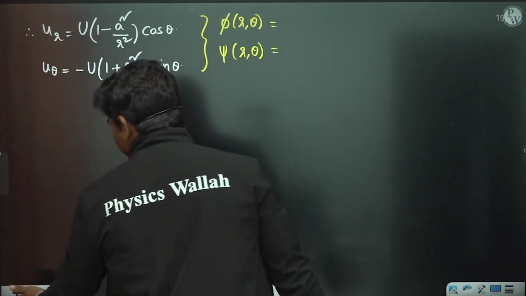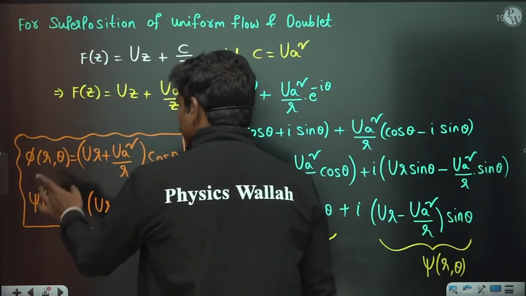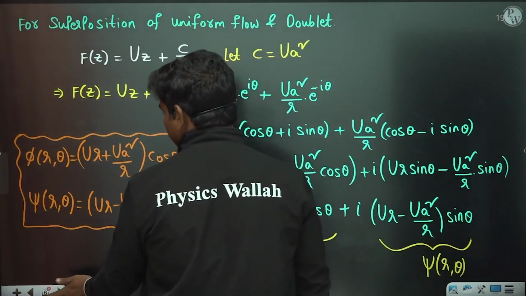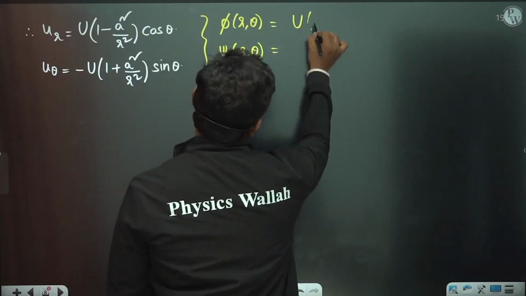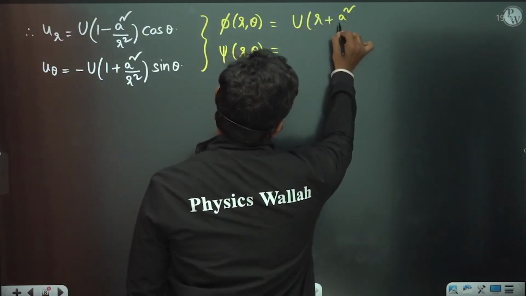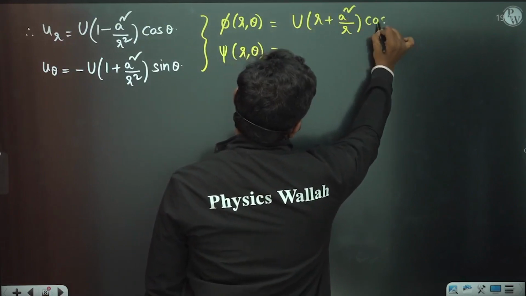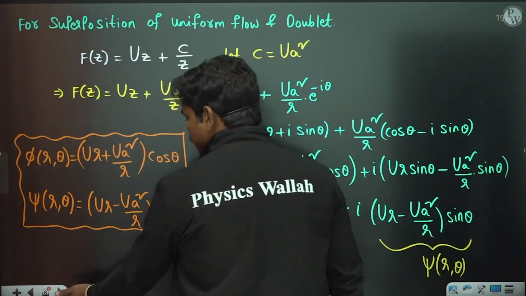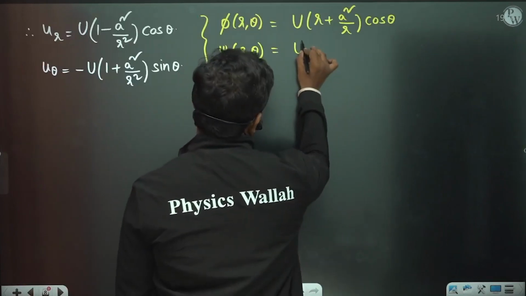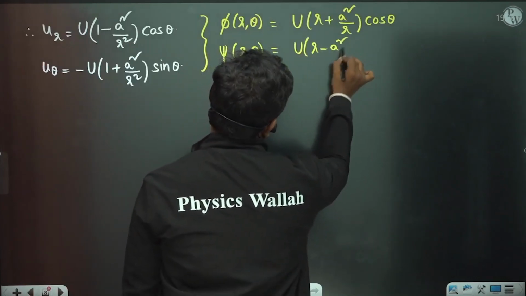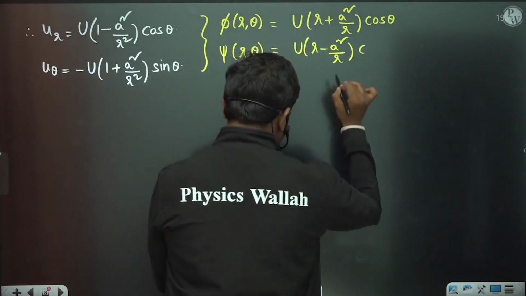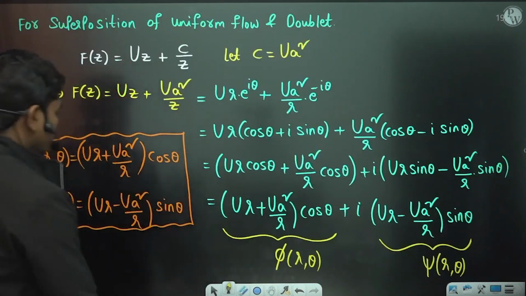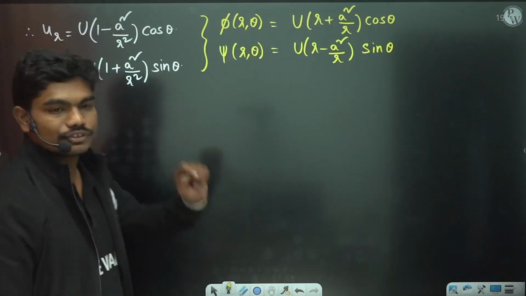So phi is u times r plus a square by r times cos theta, and psi is u times r minus a square by r times sin theta. So these are the four important things.